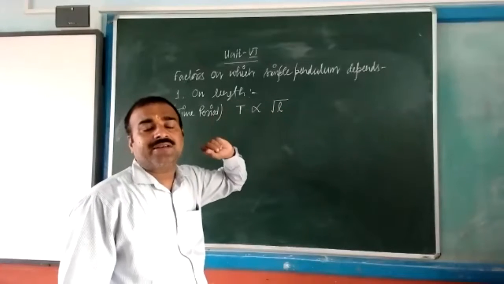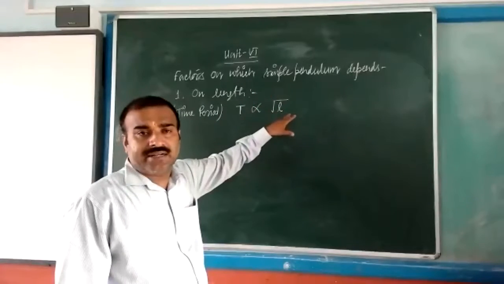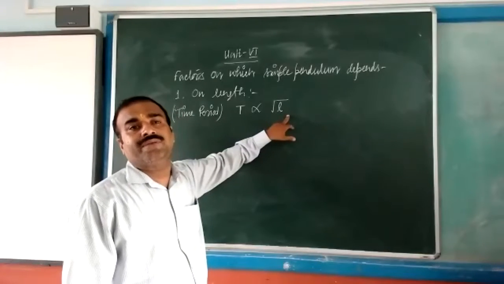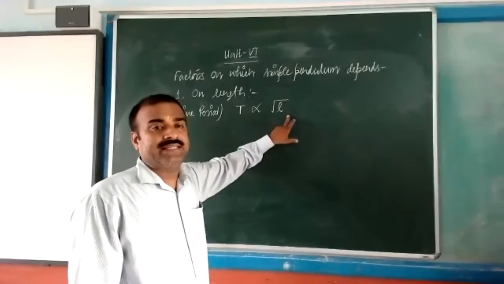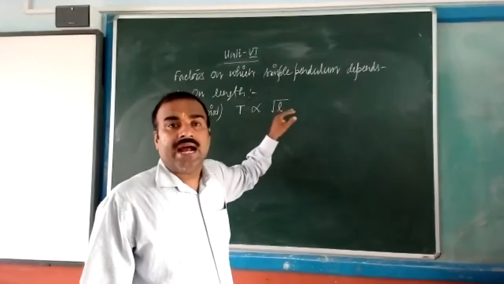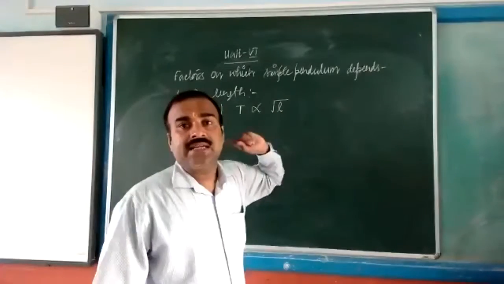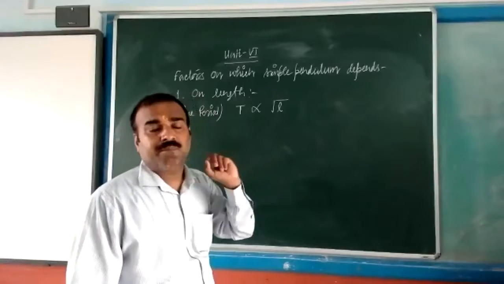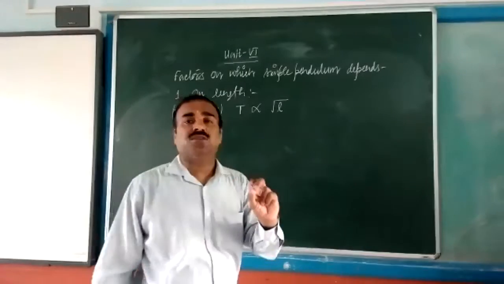Yesterday, some student asked me, sir, does it depend upon the length? Yes, it depends upon the square root of length. Once the length changes, the time period of the simple pendulum will also change. Some student also asked, sir, if the mass of the pendulum changes, will there also be a change in the time period?